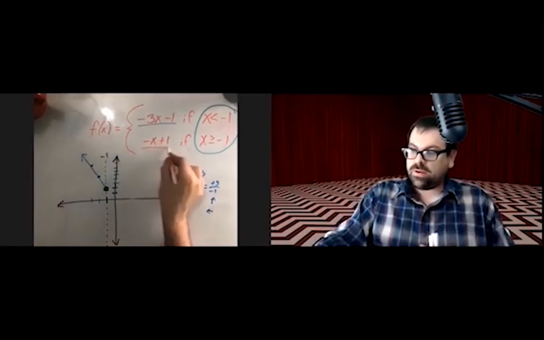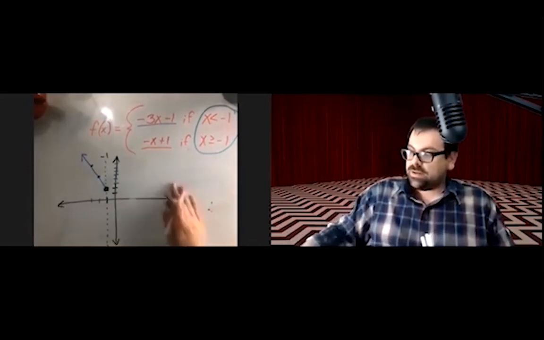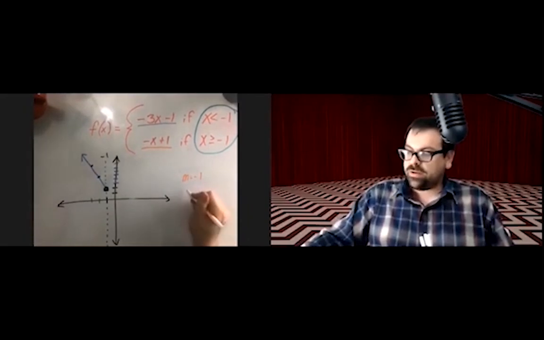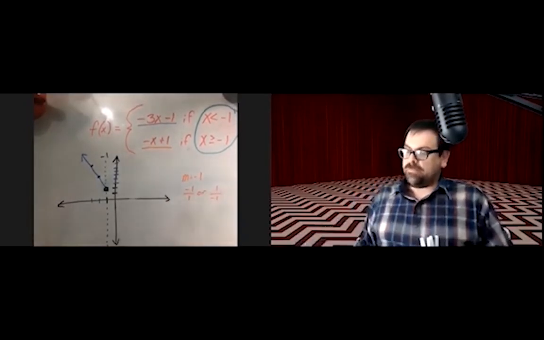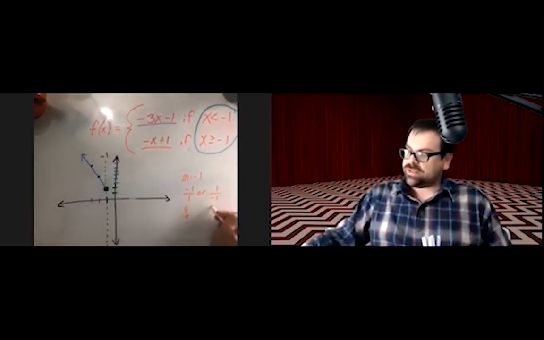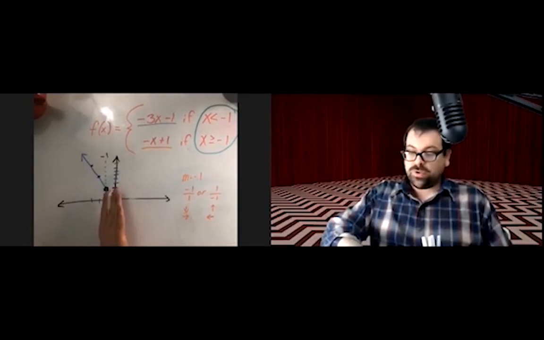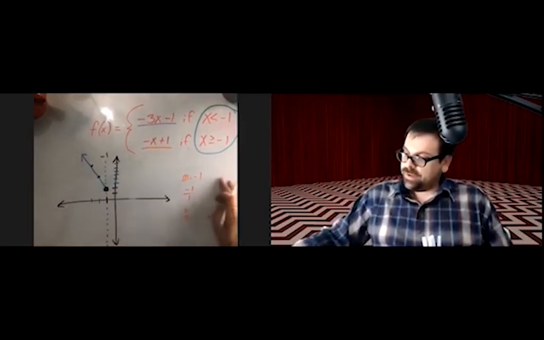Now here, negative x plus 1 has a slope of negative 1, which is either negative 1 over positive 1 or 1 over negative 1. So it's either down and right, or it is up and left. Since we want to go to the right, we have the down and right one.